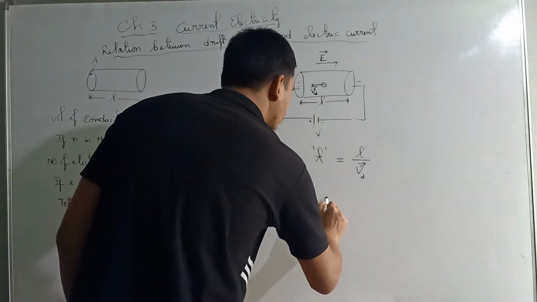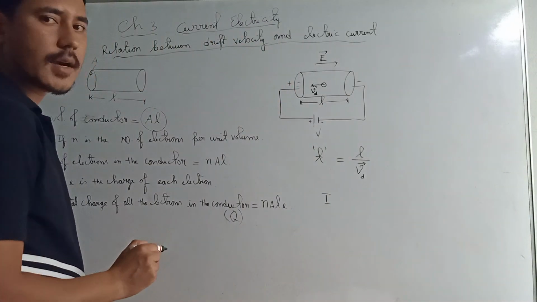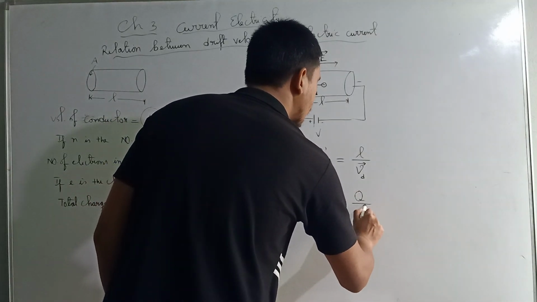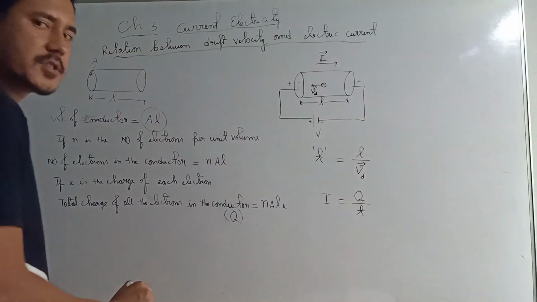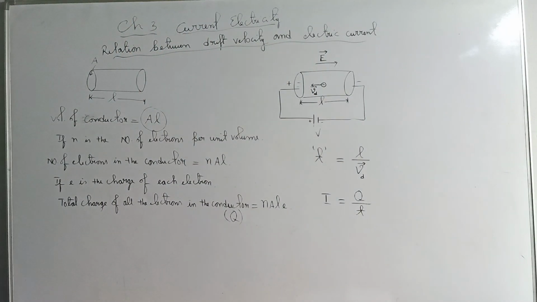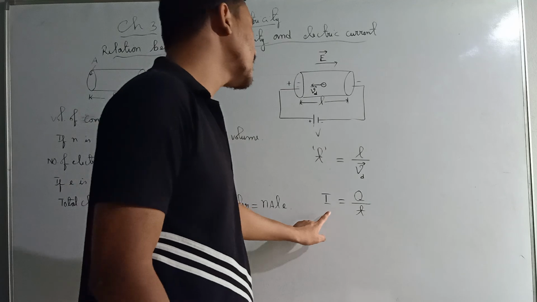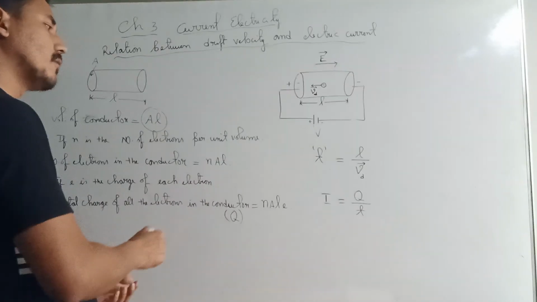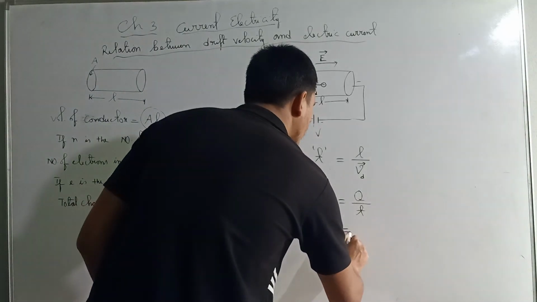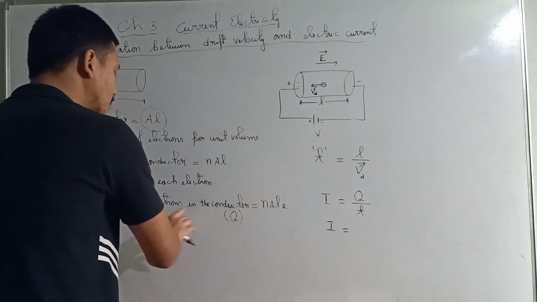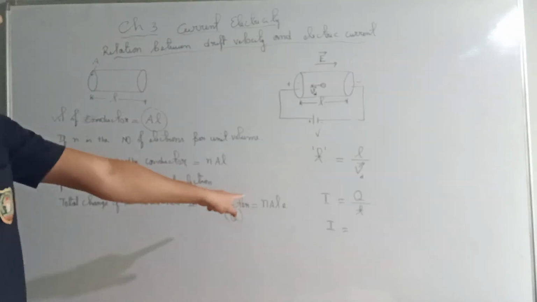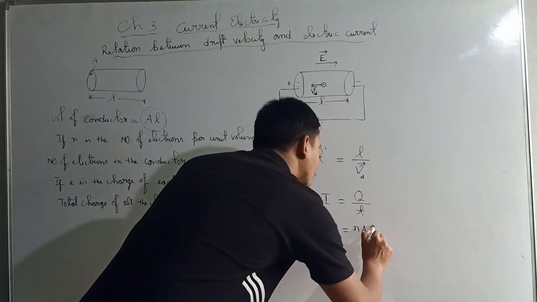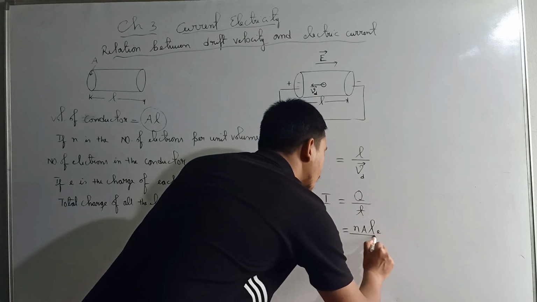Now, electric current is defined as charge flown upon time, the rate of flow of charge, Q upon t. Now your charge is the total charge of all the electrons in the conductor, Q is equal to NAL times E, upon time.